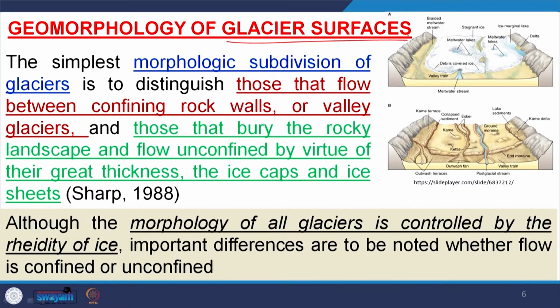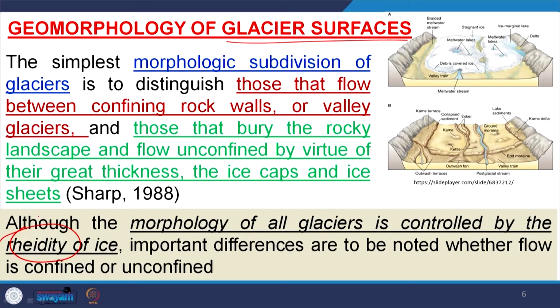Although the morphology of all glaciers is controlled by the heredity of ice, important differences are to be noted depending on whether the flow is confined or unconfined. The heredity of the glacial mass defines the morphology of the glacier surface.